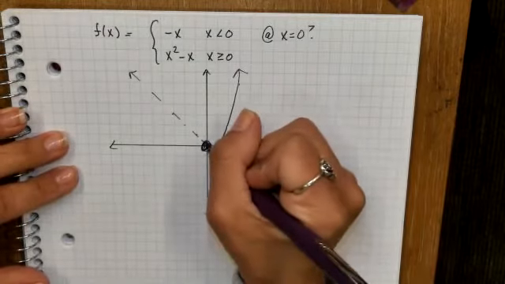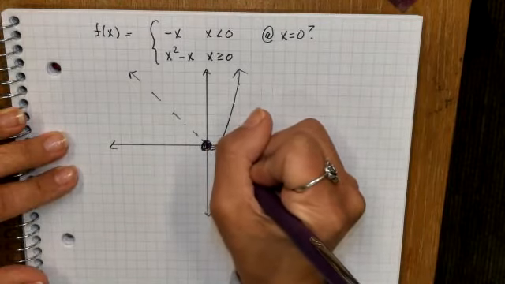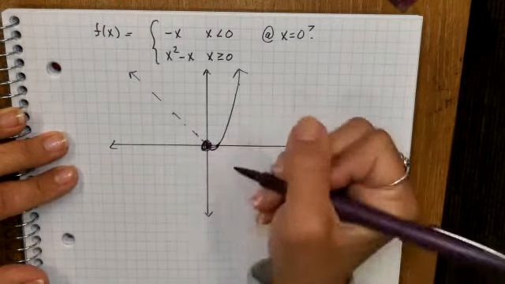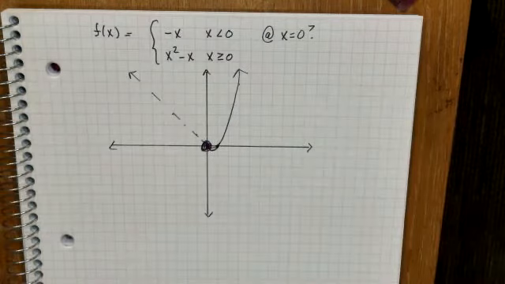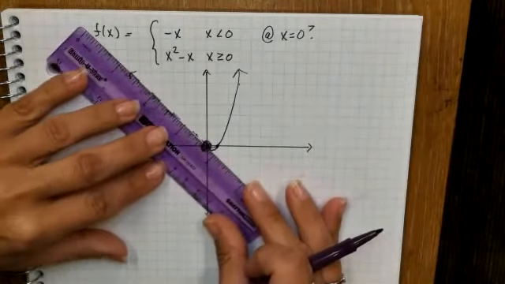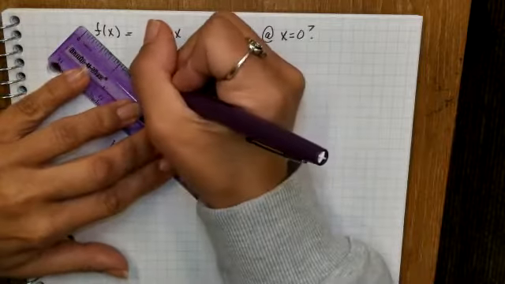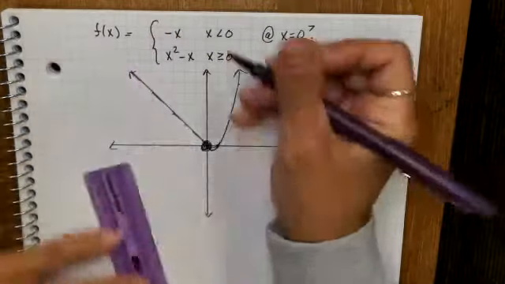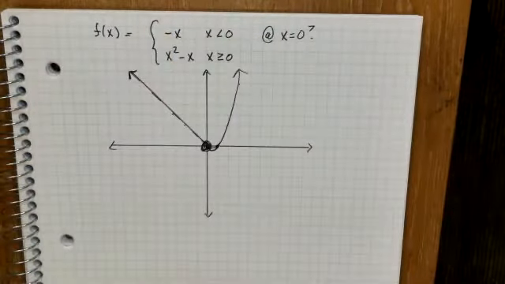This should be a little bit like a parabola here. Okay, so let's just review all kinds of things. All right, so let's talk about continuity.